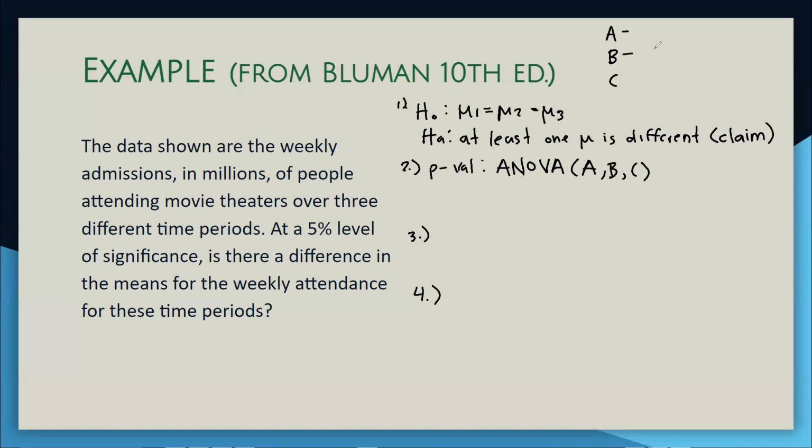I need to know what data I put where. So this was the 1950 to 74. This was 75 to 90. And this was 91 to 2000. So let's pull that window back up.